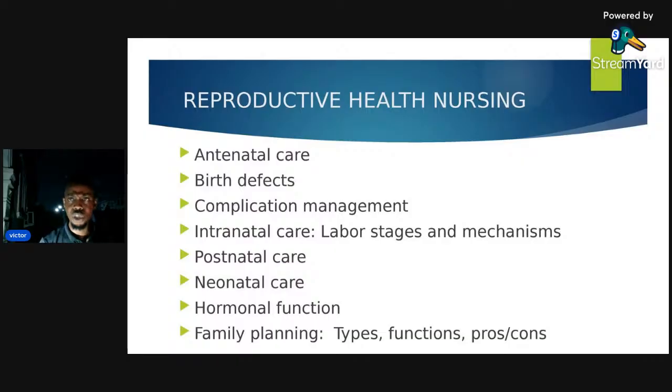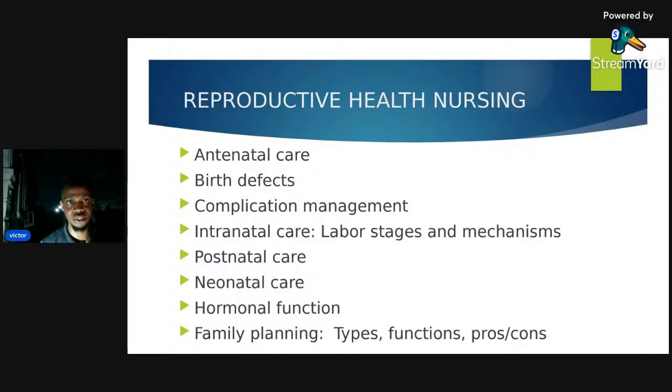Then we have the barrier method. For the barrier method, we are very familiar with that one, and that is the condom for male. There's also female condom. It has an open pouch which will be in the external part, while the closed ring would be inside the vagina.